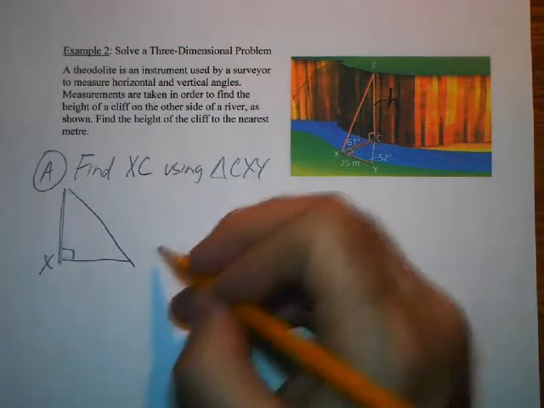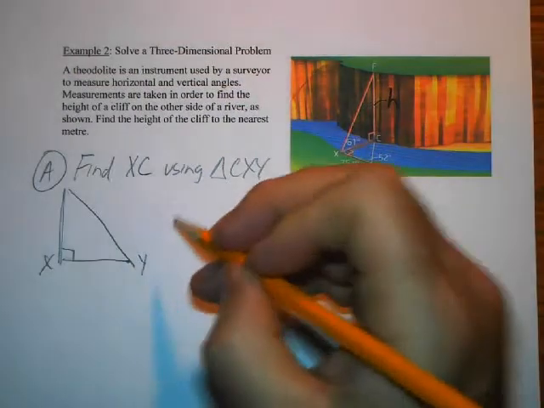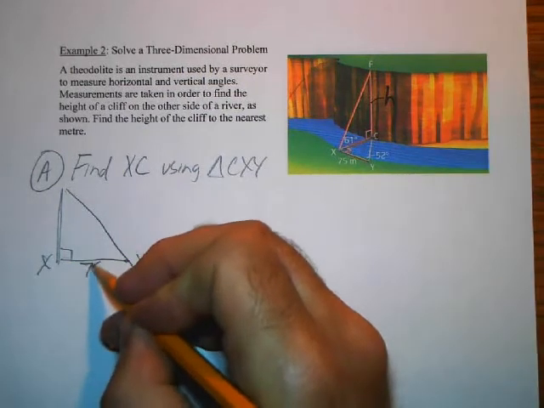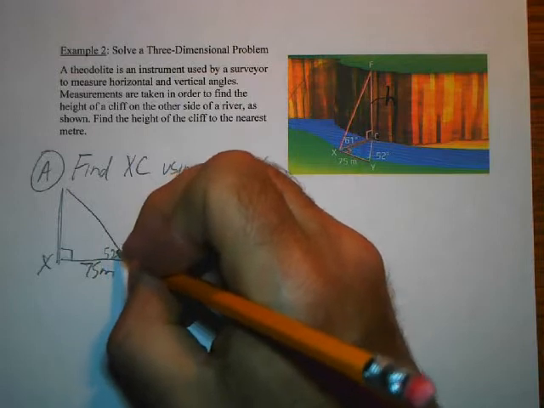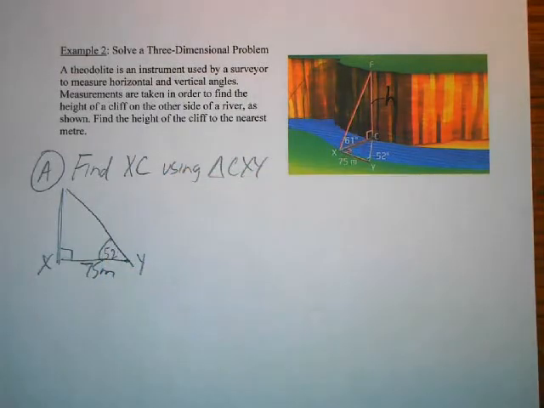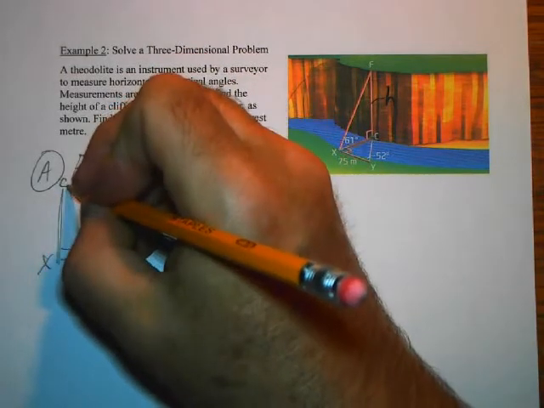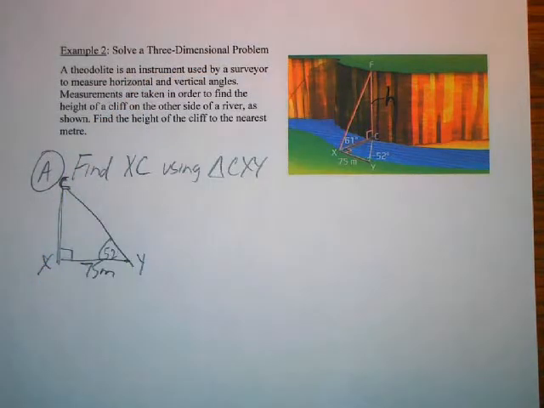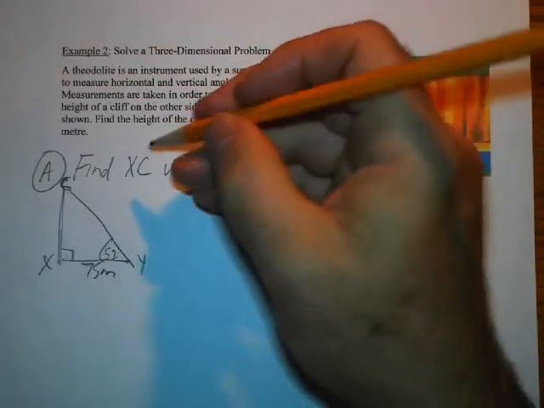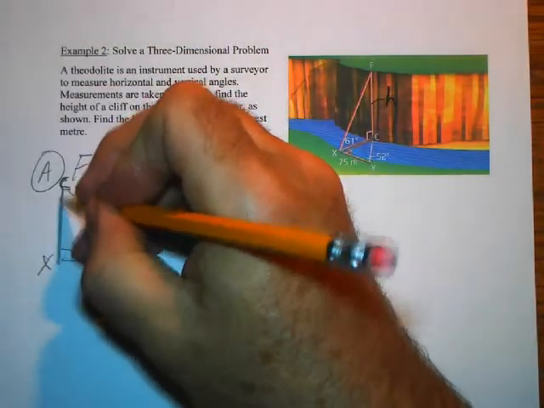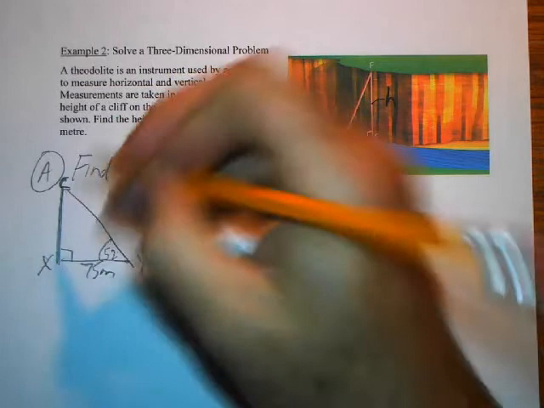I know that I could put my Y here, and I know from X to Y that's 75 meters. And I know that this angle is 52 degrees. And what else do I know? Well, that's a C up here. So what do I want here? I want to know what XC is. I want to know this side here. That's my goal for this step.